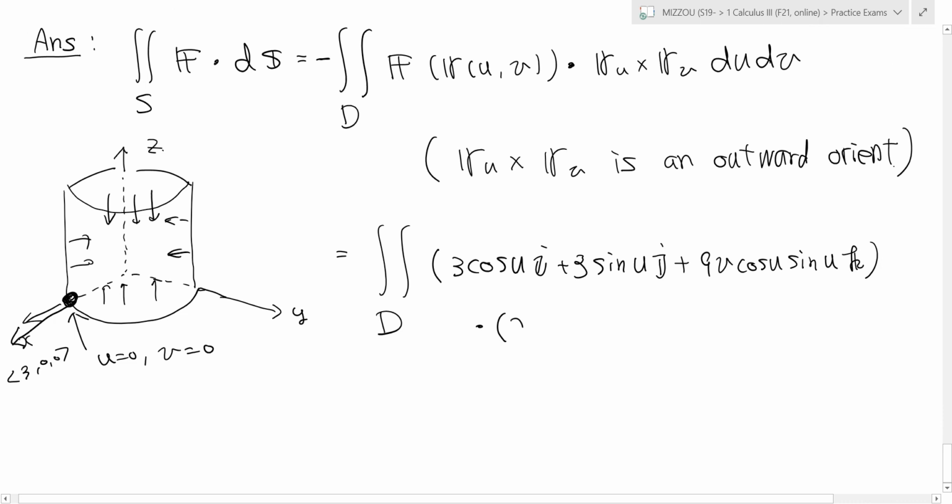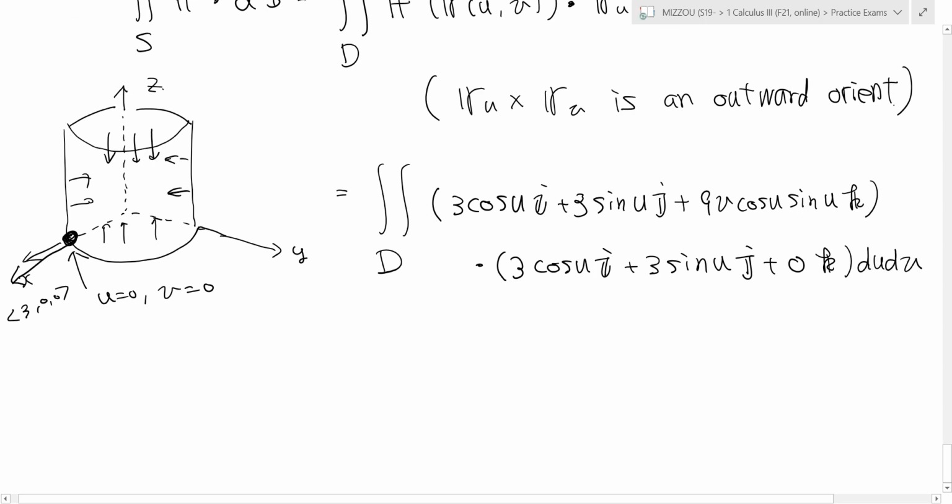So 3 cosine u i plus 3 sine u j plus 0k, du dv.